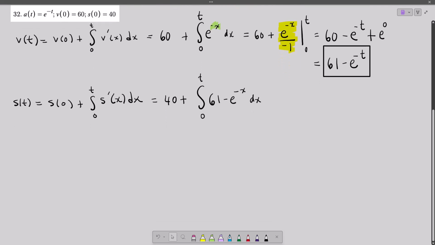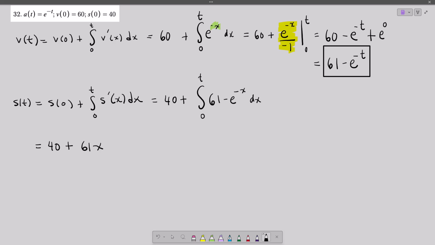So let's go through this again. So now the 40 is out in front, and now we're going to integrate. So we're integrating term by term. This is the antiderivative, so 61 times x, integral of a constant, constant times the variable. And now the integral here. So the integral, we already saw the integral of e to the negative x is going to be itself divided by -1.